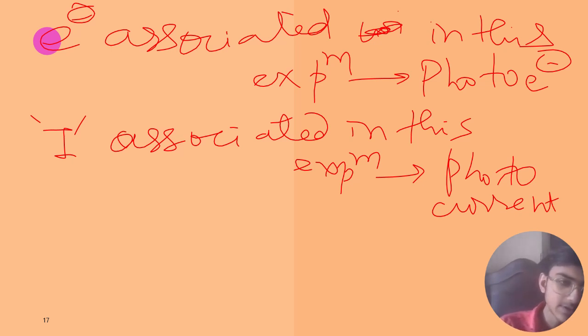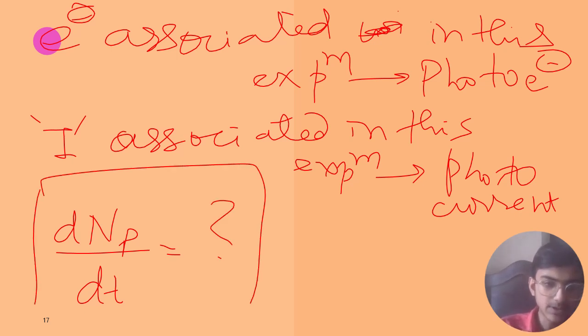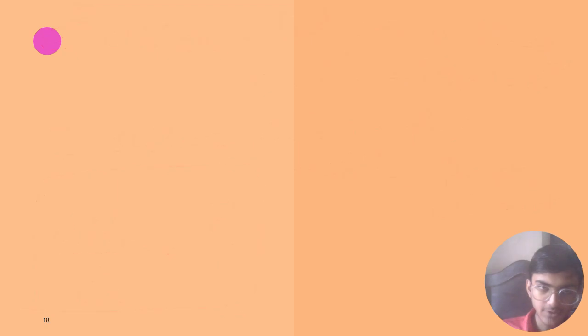Now we will discuss the number of photons per unit time. We will define some things here to get this dNp by dt.